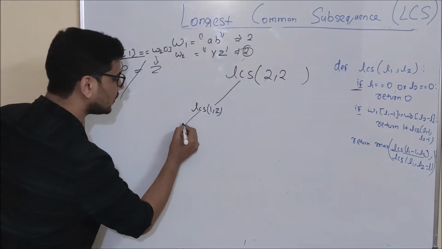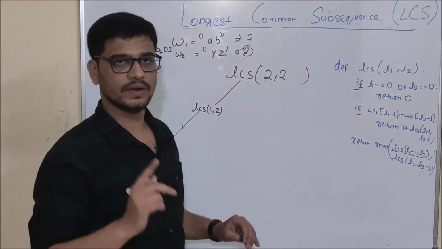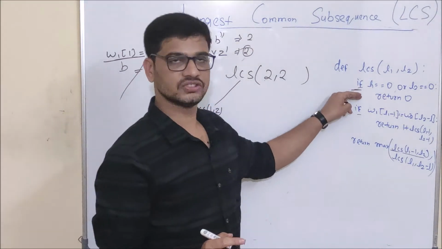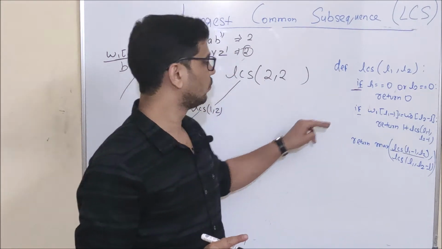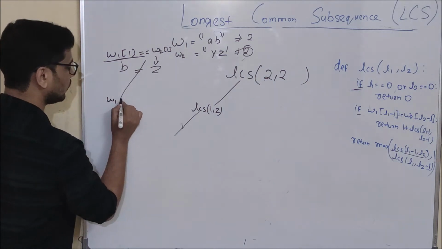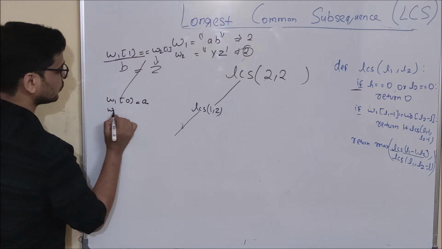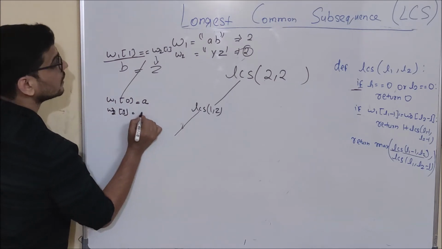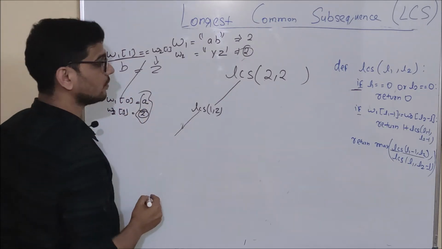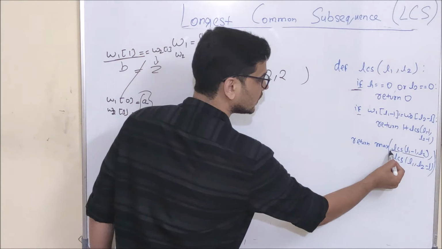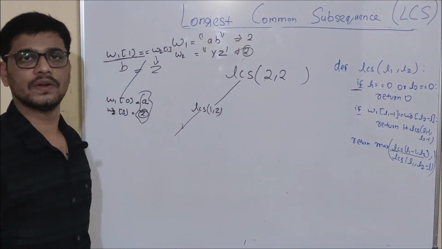Now this function call will come for its own execution, and this time L1 is 1 and L2 is 2, so this condition will be false and the control will come to this condition. W1 of 0 is A and W2 of 1 is Z, so these are not equal. So now control will come to this particular line and it will execute this particular function call.